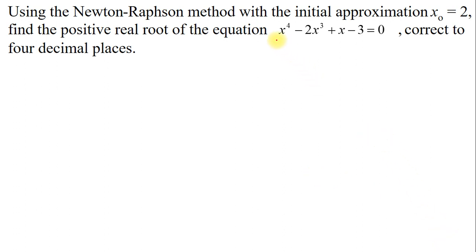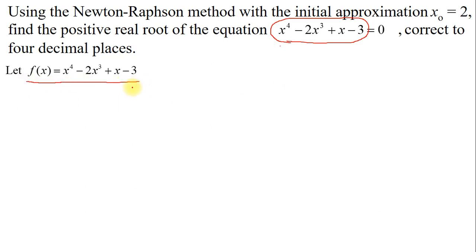Now first you must rearrange this equation so that it becomes f(x) equals 0. If your equation is not equal to 0, you have to rearrange it so that we can let f(x) equal this part. So we get this f(x) equals x^4 minus 2x^3 plus x minus 3.